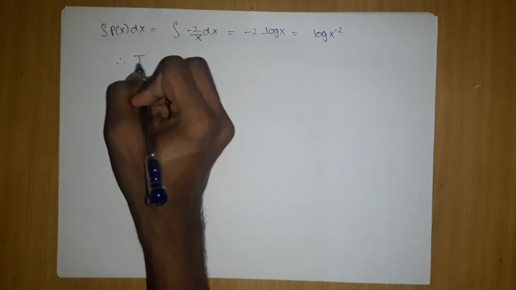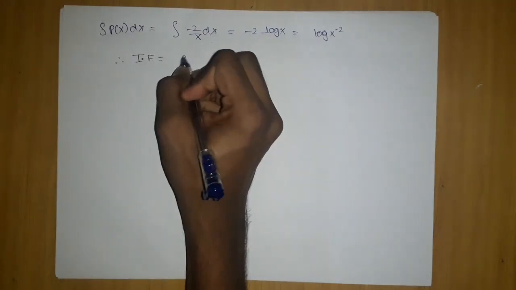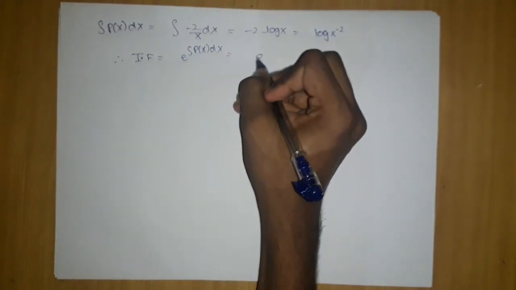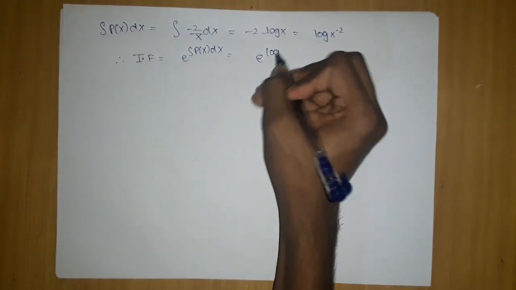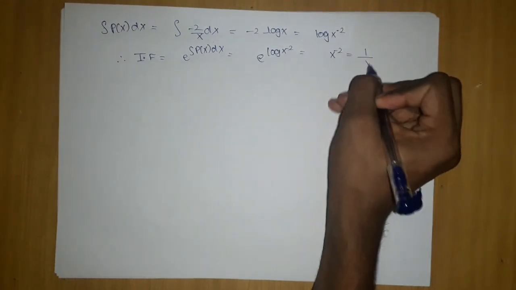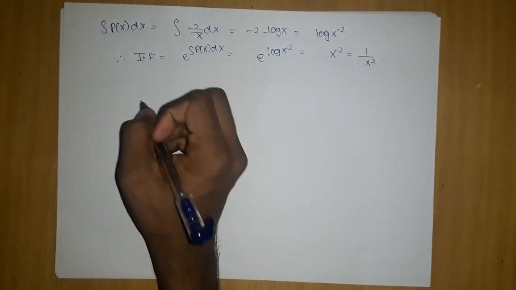Therefore integrating factor is e to the power integral p of x dx, which is e to the power log x power minus 2, and here it will become x power minus 2, which is nothing but 1 by x square. So we got our integrating factor.